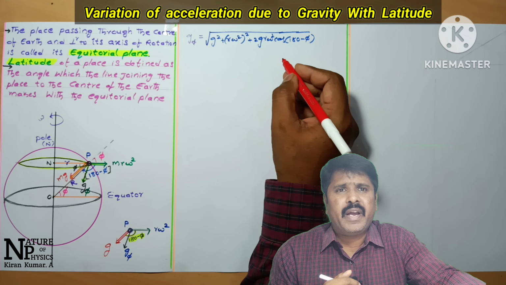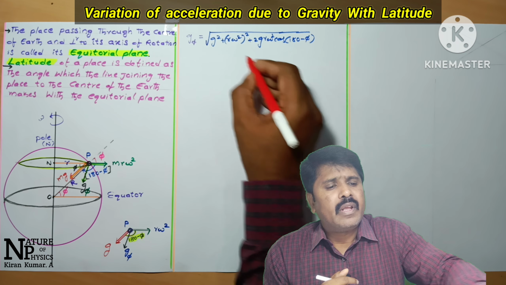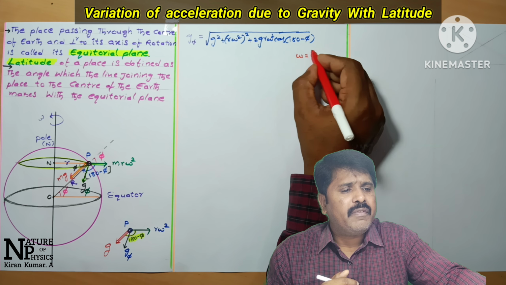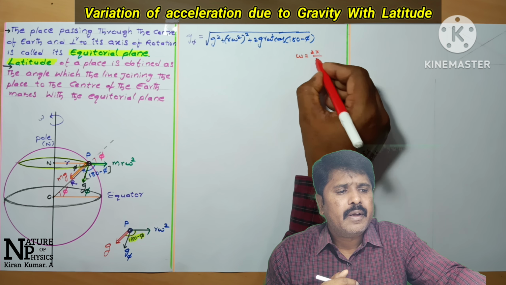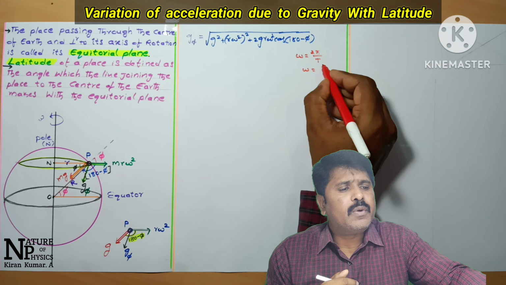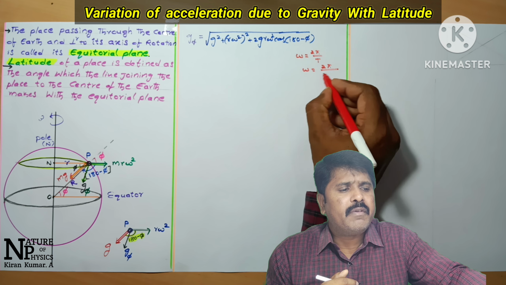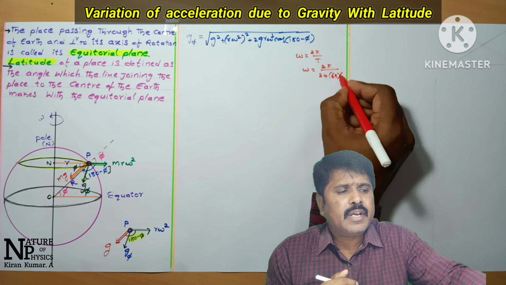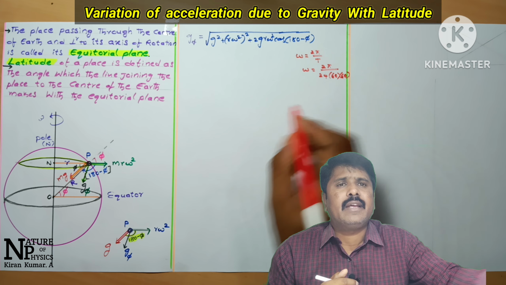That I am going to show. See there, omega is the angular velocity, omega value is 2 pi by T. Now omega, which is equal to 2 pi divided by T, where T is 24 hours into 60 minutes into 60 seconds.